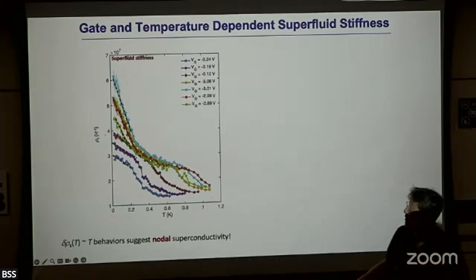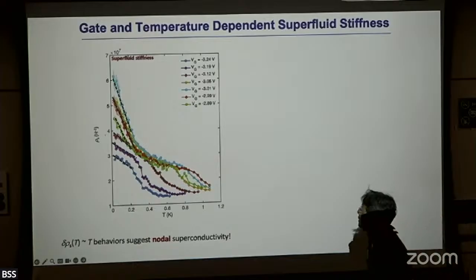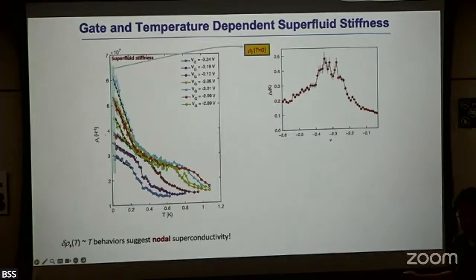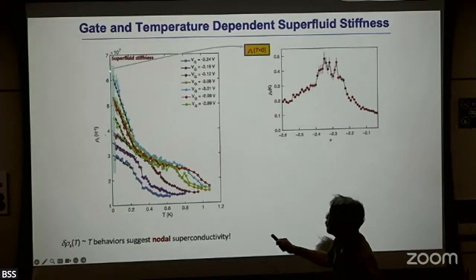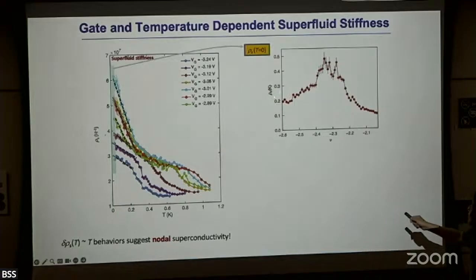The second interesting part is that the zero temperature limit of the superfluid stiffness is also important, because it is related to the quantity that tells how strongly coupled the superconductor is. So one can try to extract the zero temperature limit of the superfluid stiffness, and then plot it as a function of the filling fraction, or the gate voltages that we change, right?